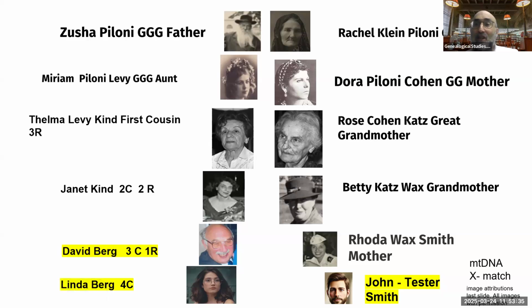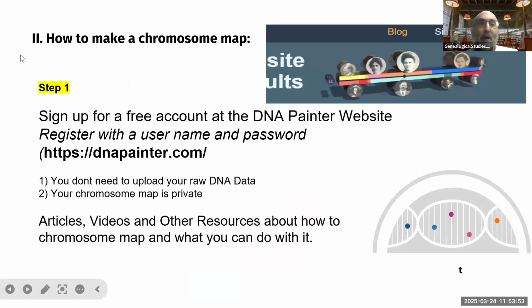So that means they share the same mtDNA, which is a kind of DNA which is not autosomal DNA and is also not mapped, that women pass on to their sons and daughters, but it only continues down the female line. And there is also, as you will see, an X DNA match.